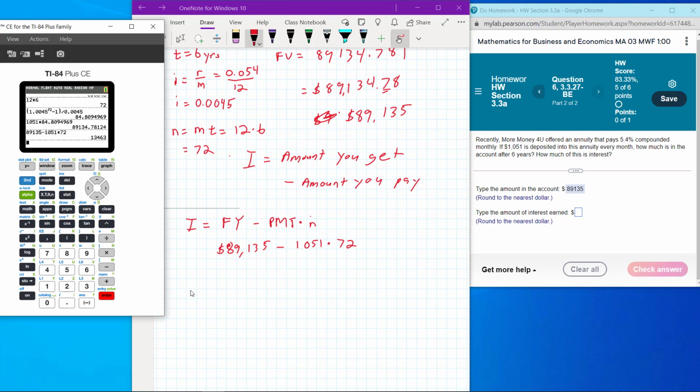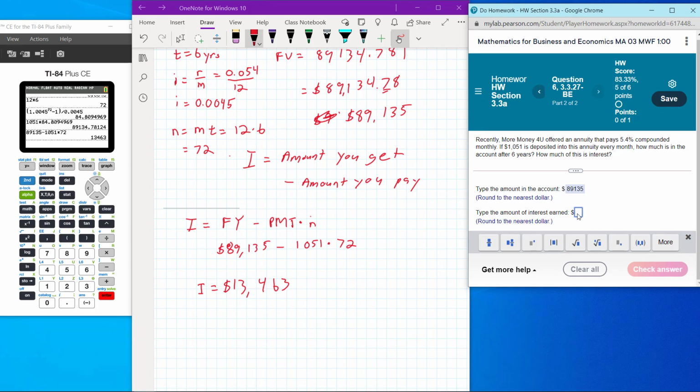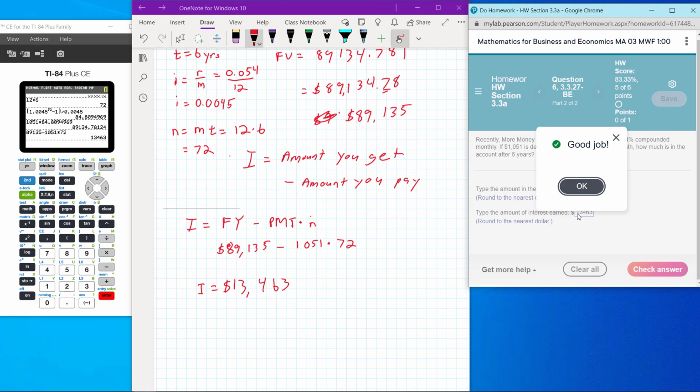The interest that we earned is going to be $13,463. And that's what we want to put in here. 13463. And there you go.